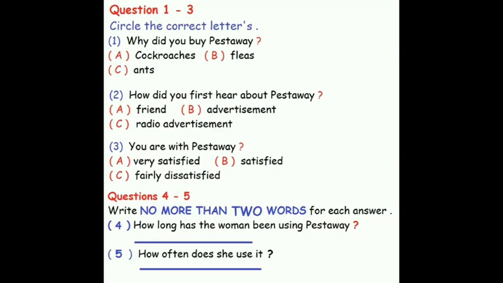You heard it advertised on the radio? Fine. And you say you use it in the kitchen. Do you use it anywhere else in the house? In the bathroom, say? Oh, no. We've never had any trouble anywhere else. We get the odd wasp in the summer sometimes, but I don't bother about them. It's the cockroaches I don't like. Nasty, creepy, crawly things. And you find Pestoy does the trick?